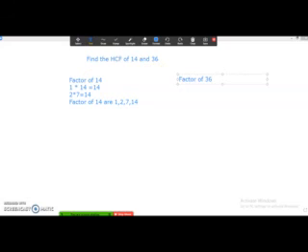Now I will find out the factors of 36. 1 multiplied by 36 equals 36. 2 multiplied by 18 equals 36. 3 multiplied by 12 equals 36. 4 multiplied by 9 equals 36.